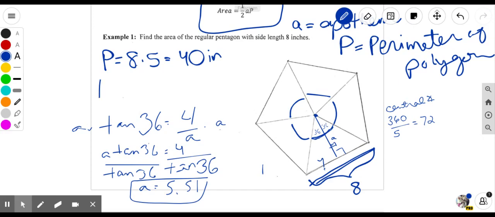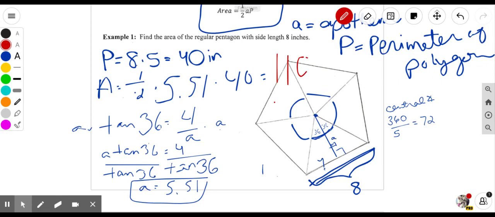So we have area equals 1/2 times the apothem, which is 5.51, times the perimeter, which is 40. If you put all of that in your calculator, you end up getting 110.2. And that's square inches.